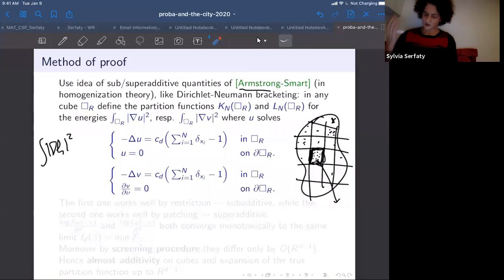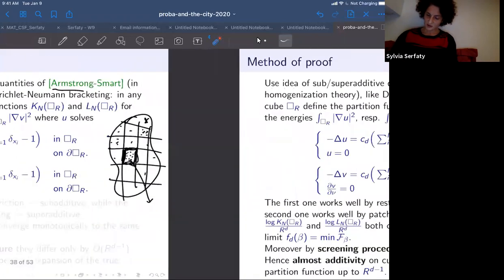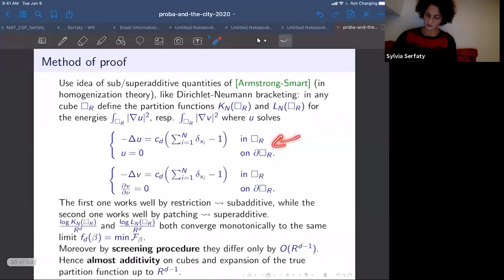So when you think about it a little bit carefully, you find that the first one gives you something subadditive and the second one gives you something superadditive. The second one is only actually meaningful if the number of points in the cube is exactly the volume of the cube, otherwise you cannot solve this PDE, as our PDE students know.